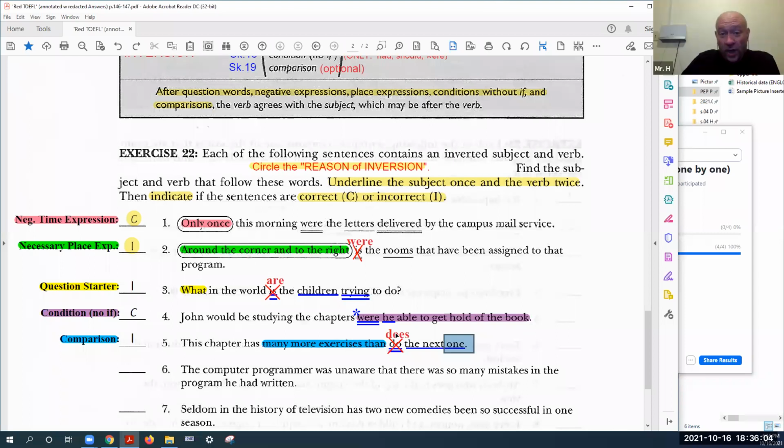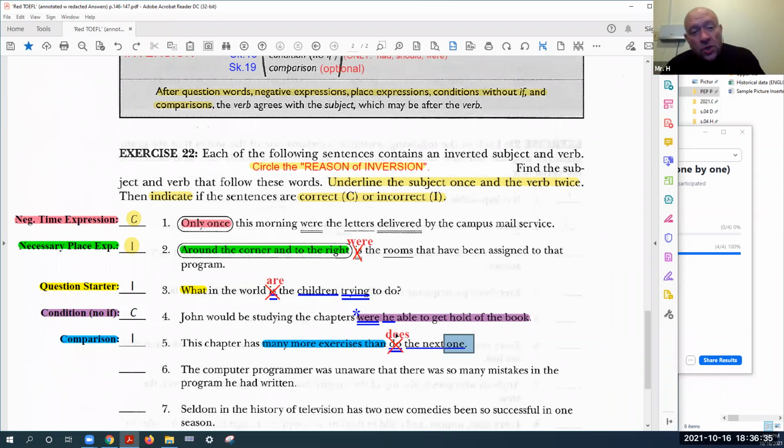So 1 is plural or singular? 1 is singular. So can I use do for 1? No. Do is plural. Does is singular. Because the subject 1 is singular, you should use does.